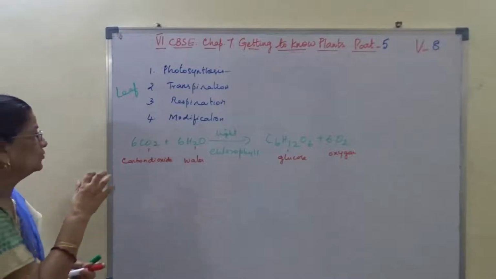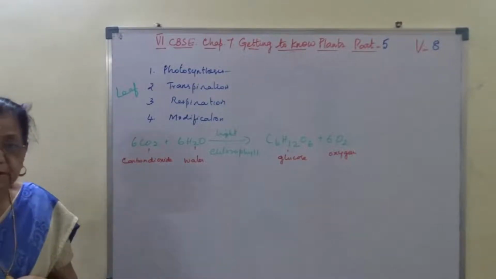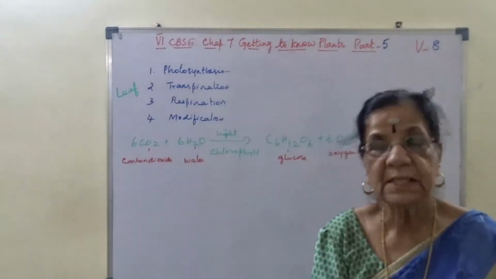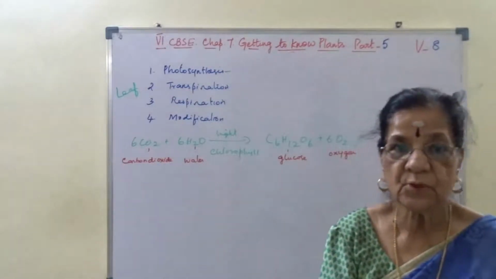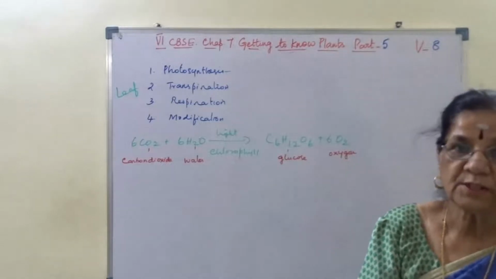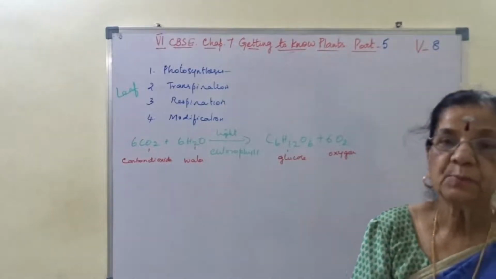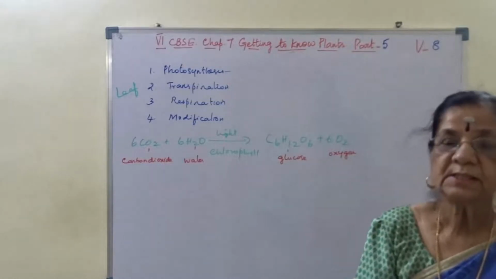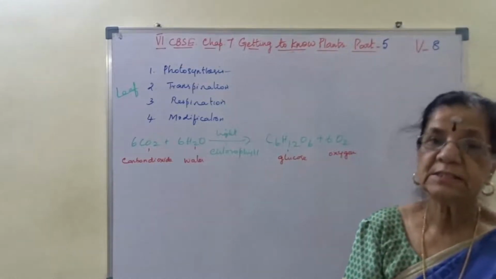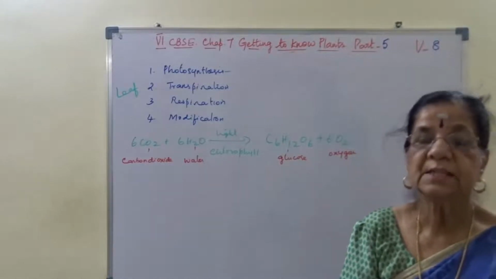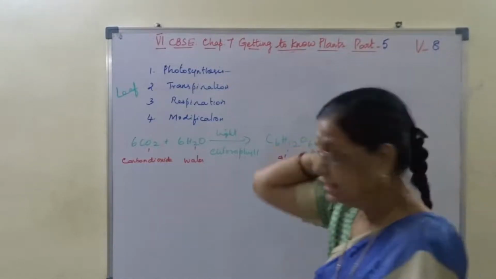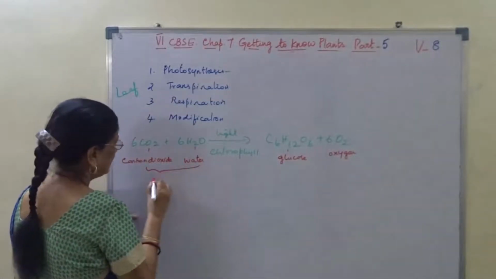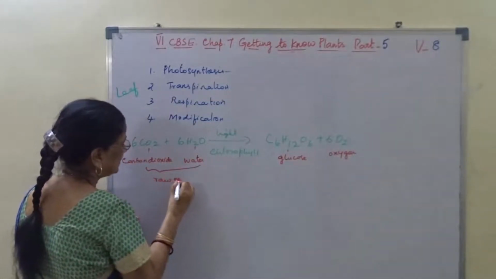So now we call this the chemical equation for photosynthesis. What do you understand? Plants prepare food by the process of photosynthesis. For that, there are essentials and raw materials needed. That is, carbon dioxide and water form the raw materials.